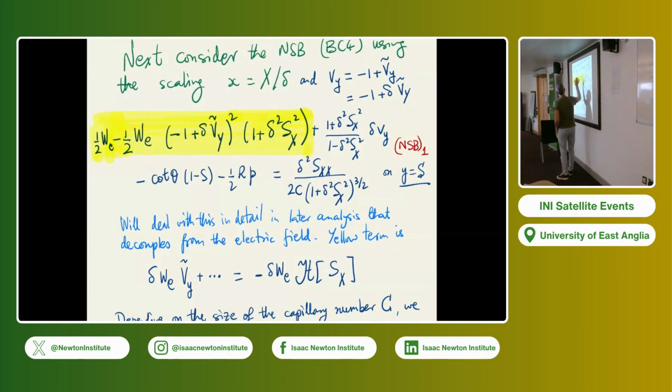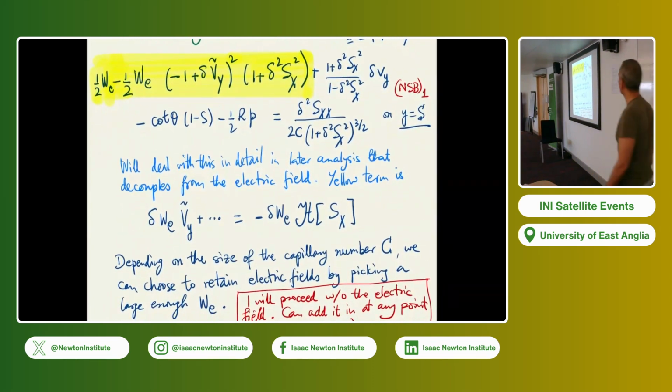After we do the transformation, as we said, we scale variables with respect to 1 over delta y and 1 over delta big X. And then d by dy will pick up a delta there and so on. So there's some simplification to be found from here. If I do this carefully, if I expand this quadratic, the constant terms cancel, of course.